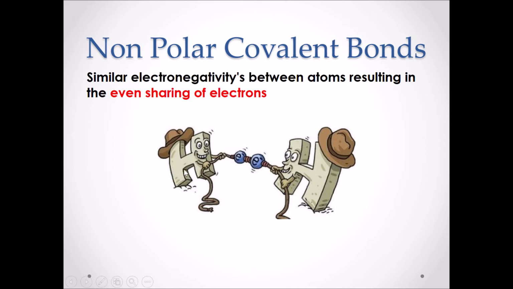In this picture, we can see two hydrogen atoms sharing electrons. Both hydrogens have the same electronegativity, the same ability to pull electrons closer to their nucleus. Therefore, those shared electrons will be shared evenly right in the middle of the bond.